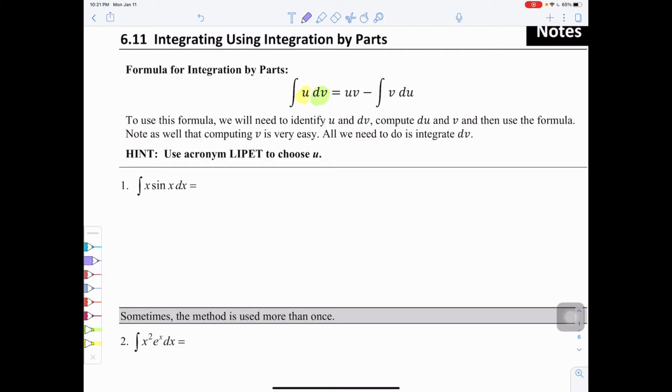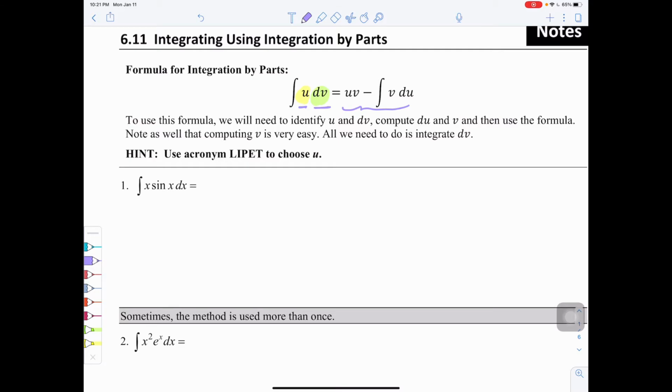So we will be using an acronym to decide what to let u be, and then whatever is remaining in the integral, all of it, is going to be dv. And then we will use this formula. So the goal is finding u that is easy to find the derivative of, and dv that is easy to integrate. That's the goal.